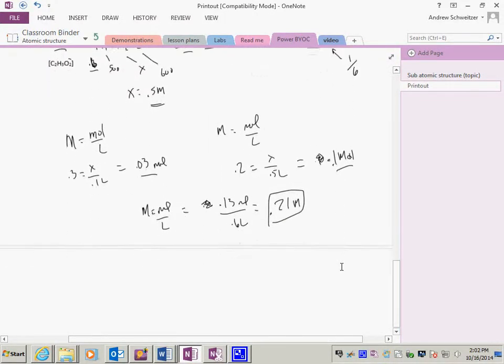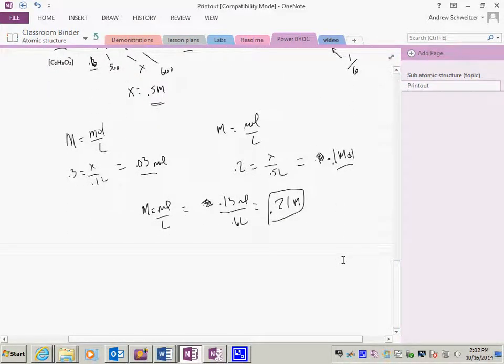Lots of good stuff here. The only thing that's not really covered in this solution is going from grams to moles when you make a solution. So, for example, let's go with sodium chloride, and I have 50 grams of this stuff dissolved in 0.15 liters of water.